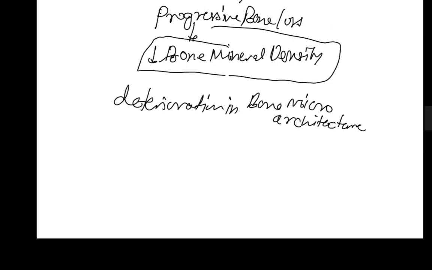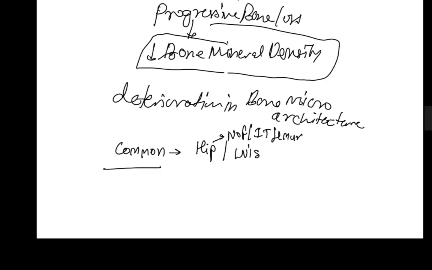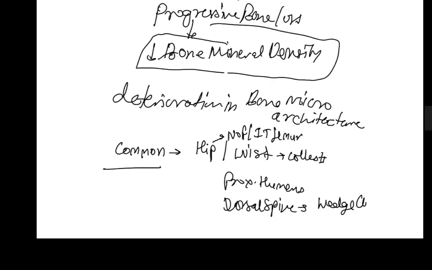The common sites involved in pathological fracture in osteoporosis are the hip bones, neck of femur and IT femur, the wrist with Colles fracture, the proximal humerus, or the dorsal spine with wedge compression fractures.